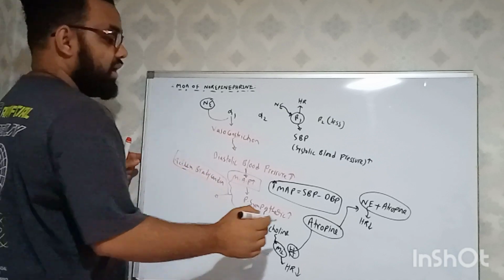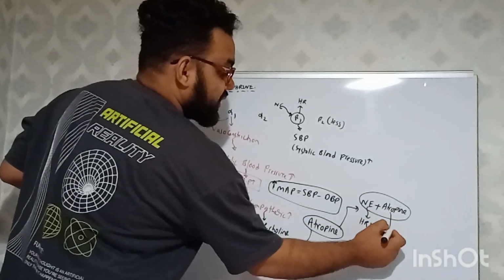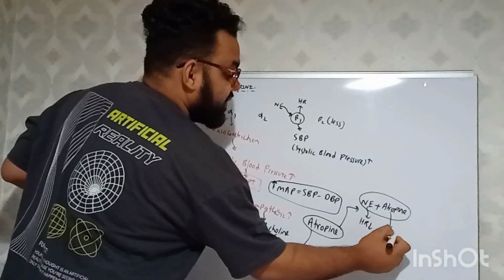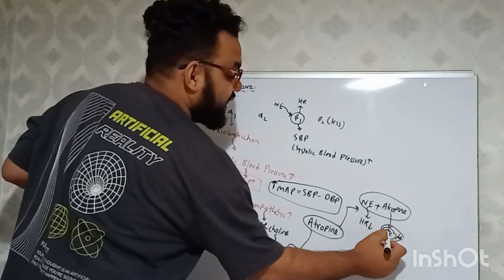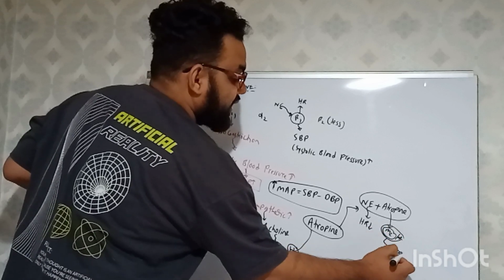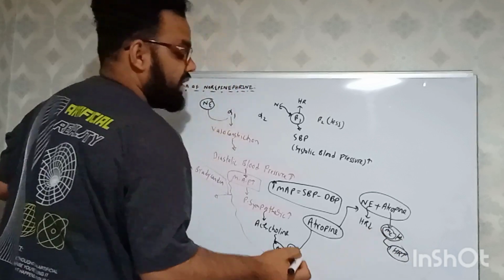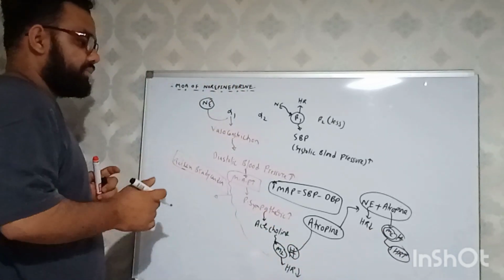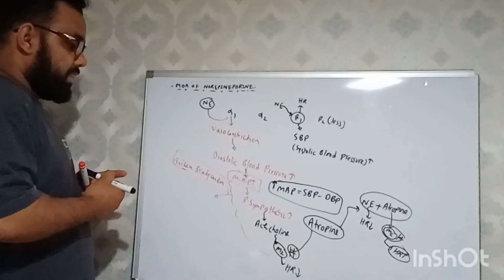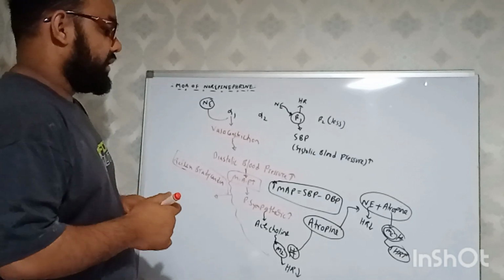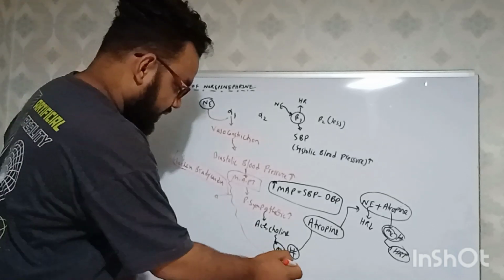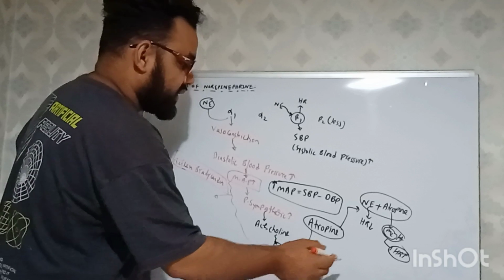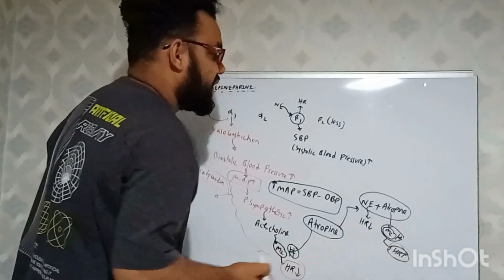Reflex bradycardia. But the atropine will antagonize the function of the M2 receptors. So ultimately the heart rate will keep on rising. It's the normal function of atropine. Here the heart rate was decreased, here the heart rate will get increased, right?